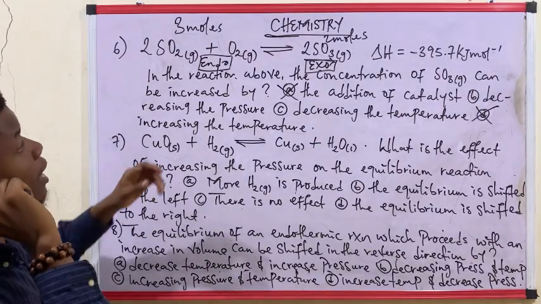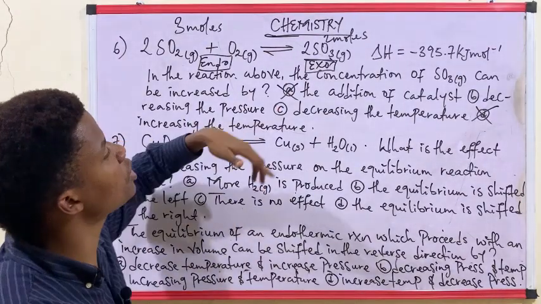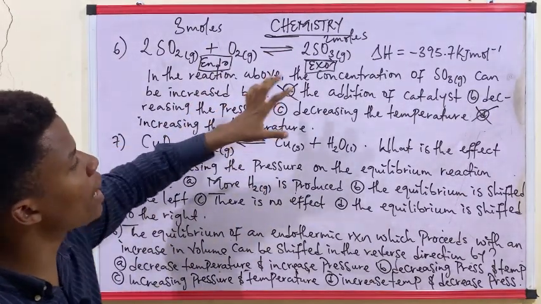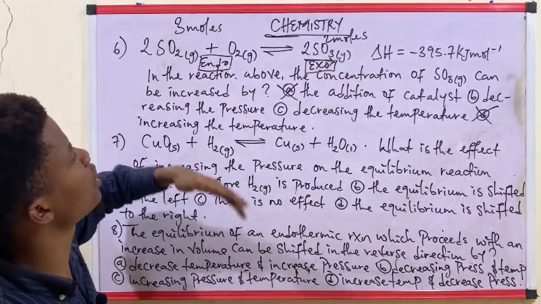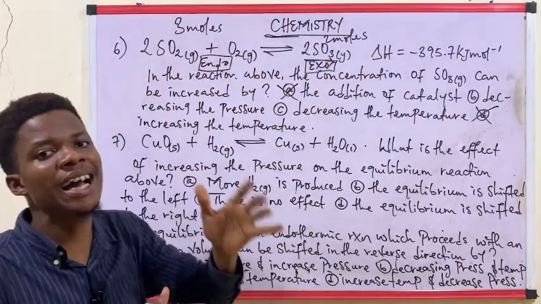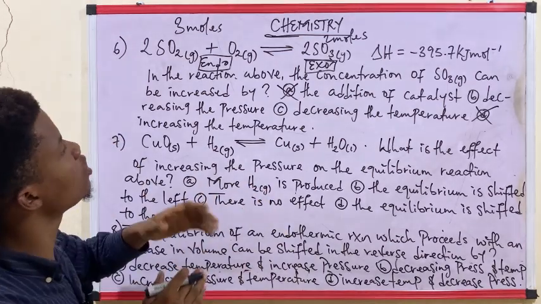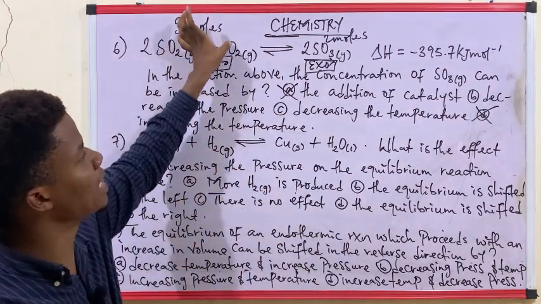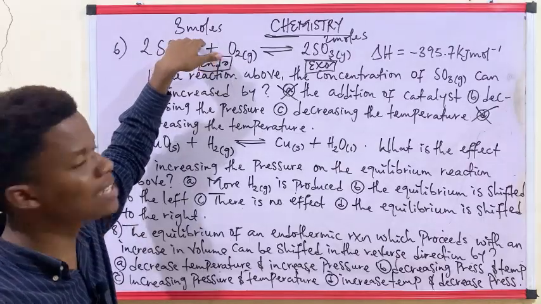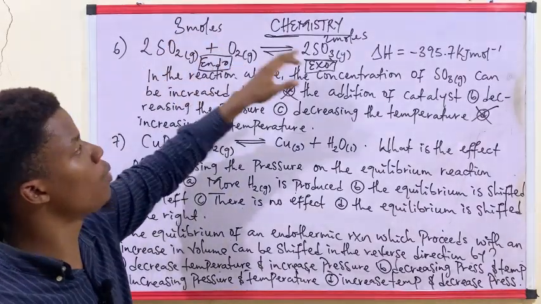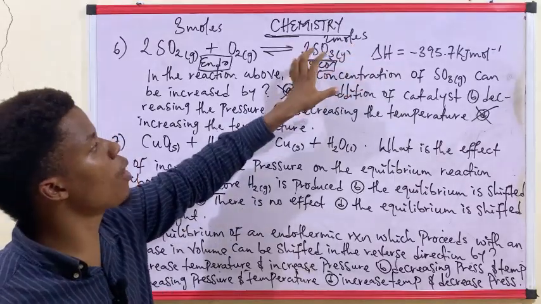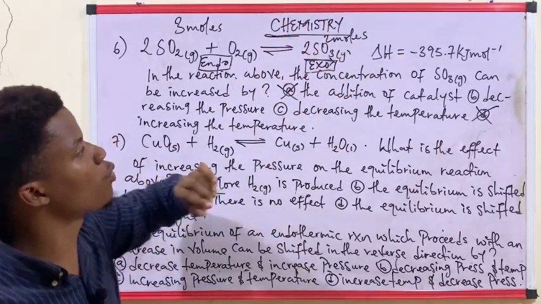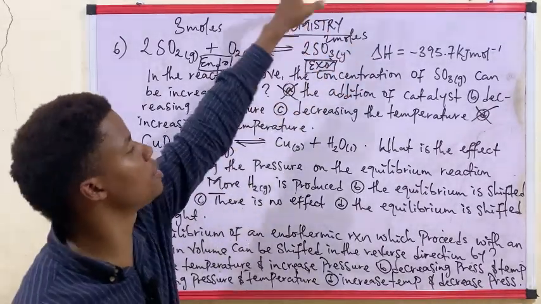So now, high pressure, increased pressure, favors the part with a lower number of moles. Decreased pressure favors the part with a higher number of moles. So if you decrease the pressure, it's going to favor this side. Why? Because this side has a higher number of moles, 3 moles, while this one has a lower number, which is 2. So 3 is higher than 2. So what will favor this direction is for us to increase the pressure.